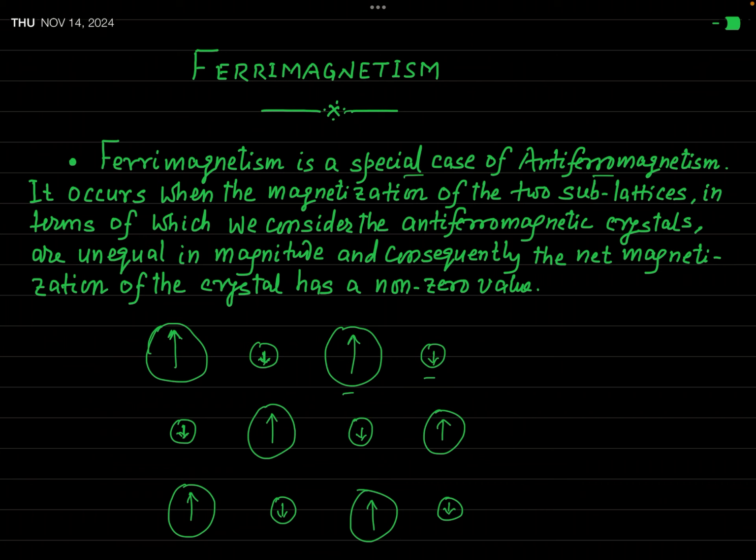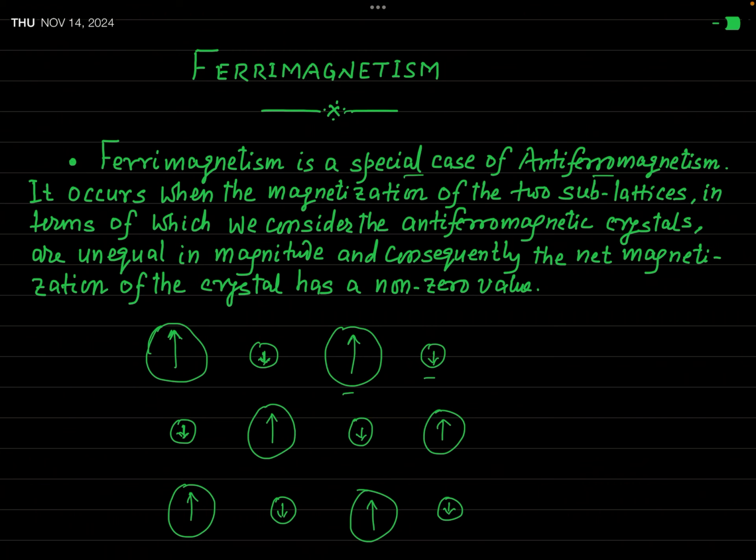But as the length of the spin vector has been shown different, what does it refer to? In this case we assume that the magnitudes of the two neighboring spins are not equal, although they were equal in antiferromagnetism. In a ferrimagnetic material, the magnitudes of the spins are unequal.